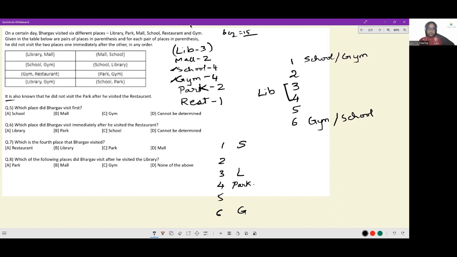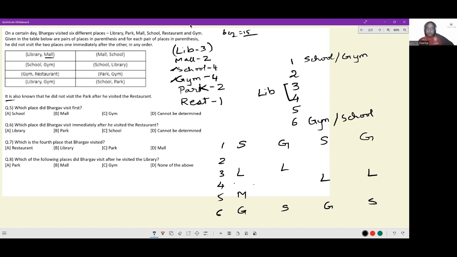In this case, the next case would be, forget the park distribution, I'm just going for school, gym, and gym, school. You turn that around and put library: school, gym, library, gym, school, library. Now for library, I know it is not next to the mall. I will look at the mall. The mall cannot come at 2, mall cannot come at 4, so mall has to come at 5.